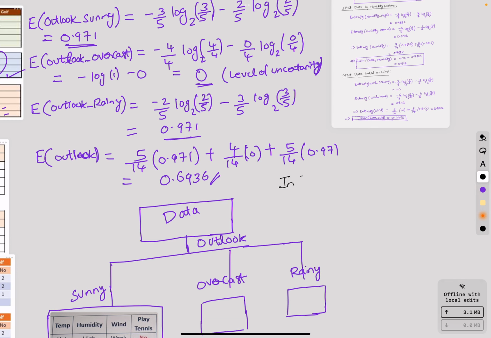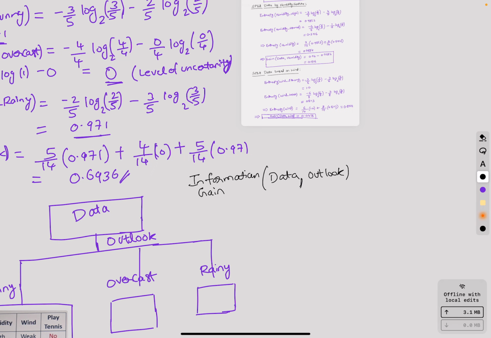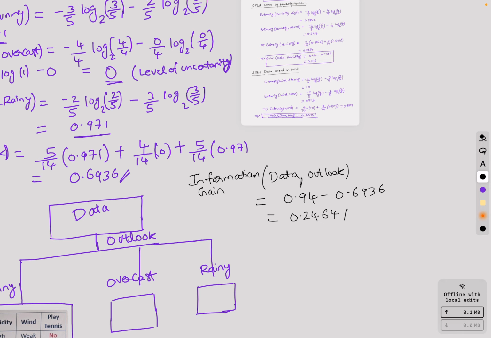Let me write it like this: information gain from dividing the data till the outlook level will be equal to 0.94 minus 0.6936, which will be equal to 0.2464. This is what I got.